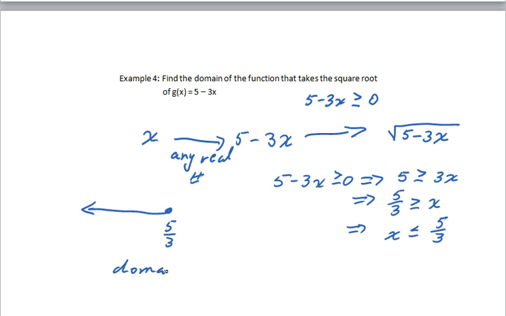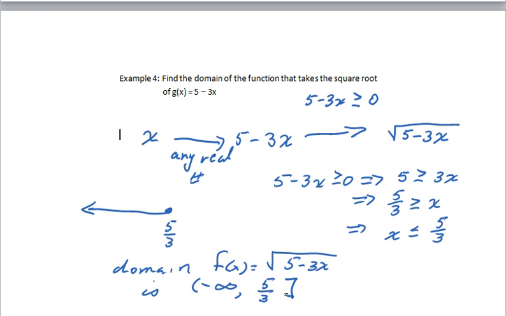So the domain for f of x equals the square root of 5 minus 3x is negative infinity to 5/3, and the 5/3 this time is included.